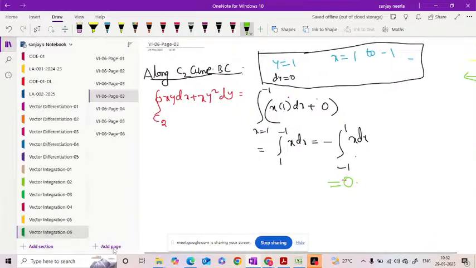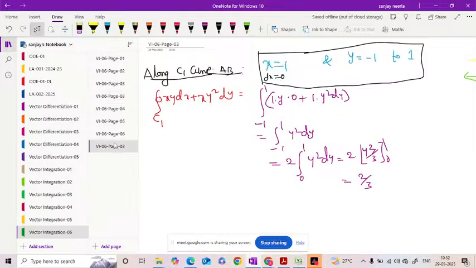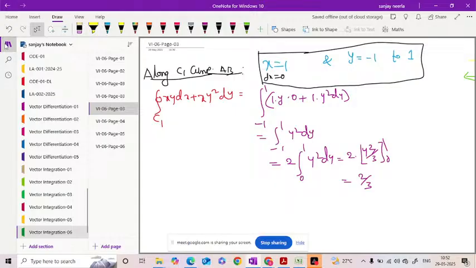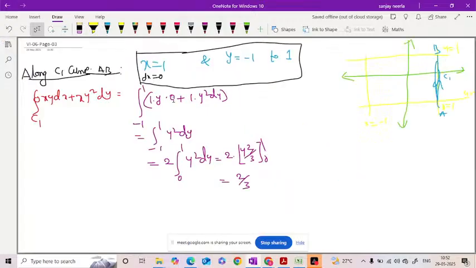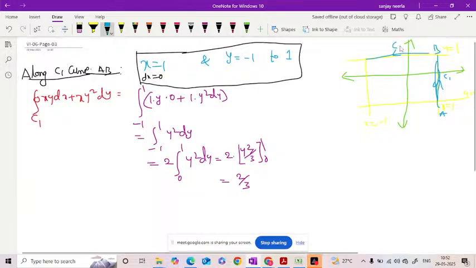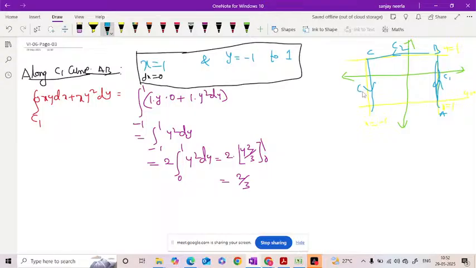Now come to the third one. So second one was the BC direction. Next one is the CD direction.